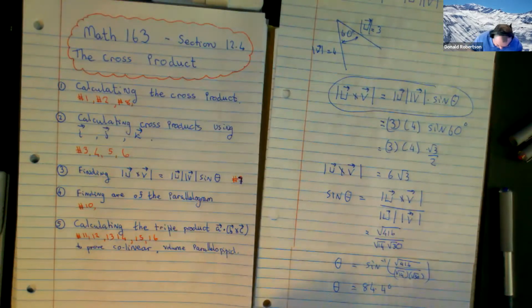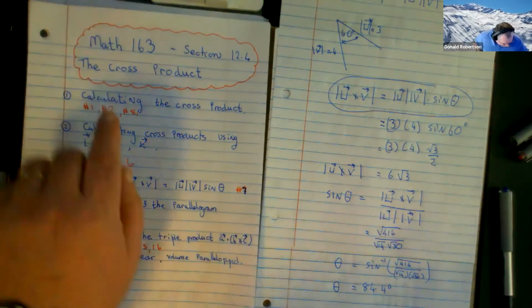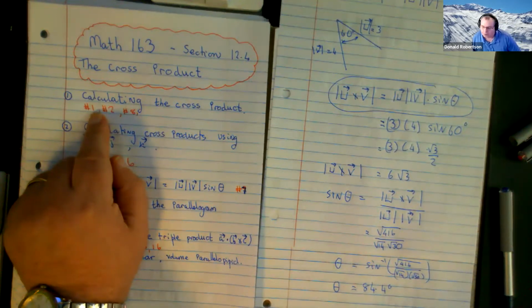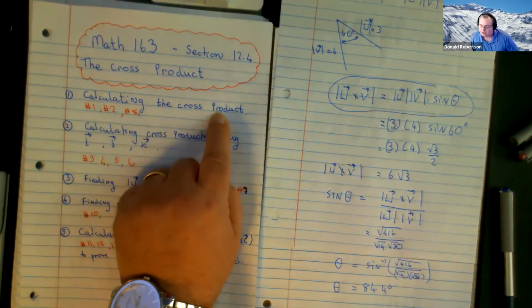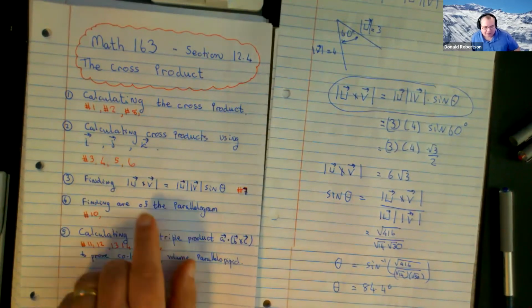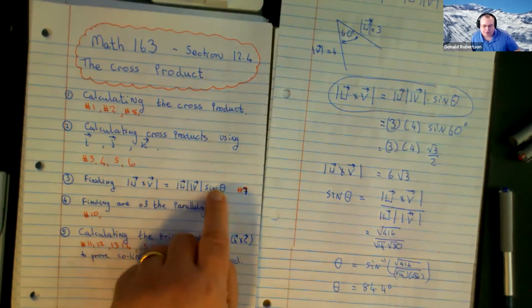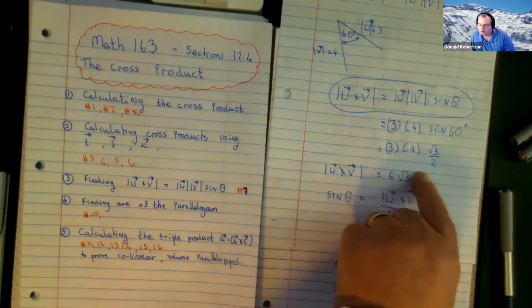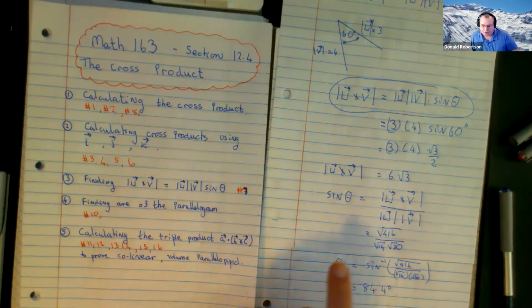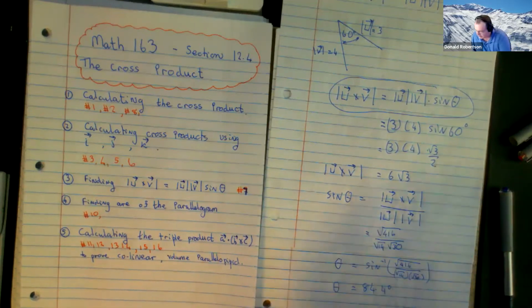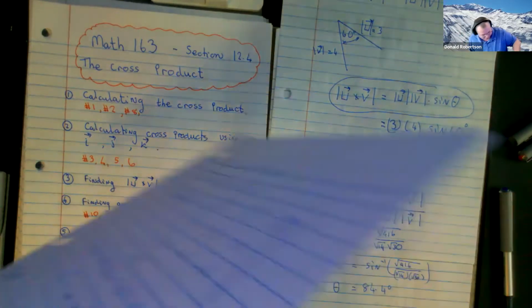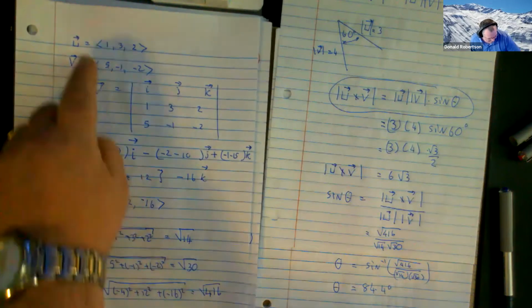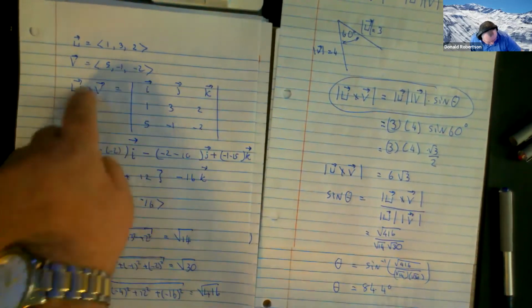Short recap. If I give you two vectors with numbers, are you comfortable you could calculate the cross product, which is the first question for today. If I tell you the length of the two and the angle, could you use this formula to get the magnitude? If I told you the vectors u and v, which is a long-winded way of doing it, you could calculate the cross product.